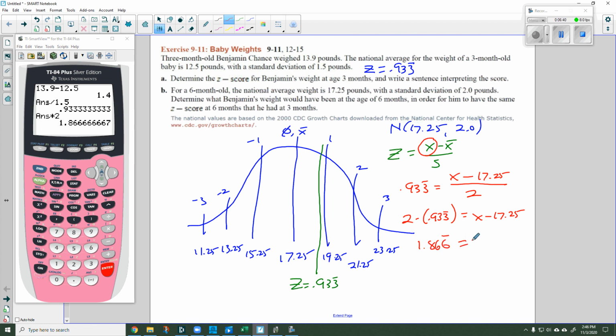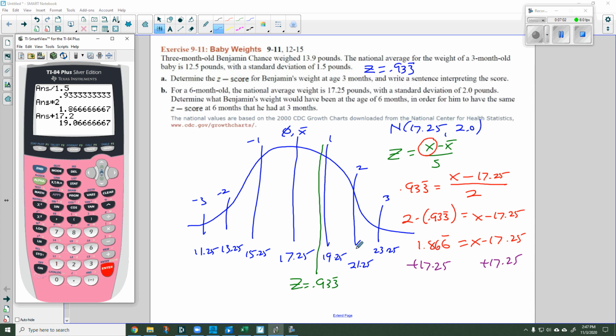And that equals x minus 17.25. Well, I'm solving for x here. So I think what I'll do is I'll add 17.25 to both sides.